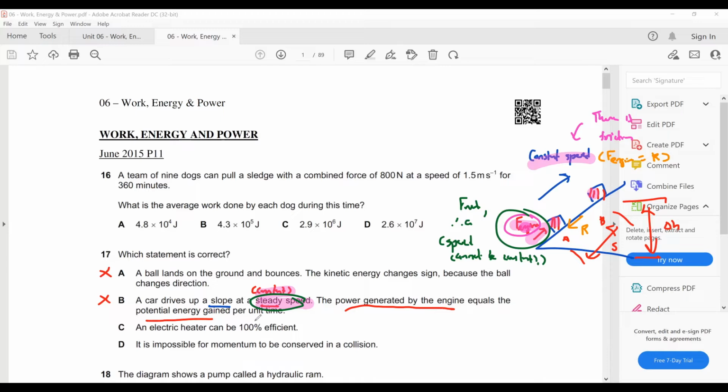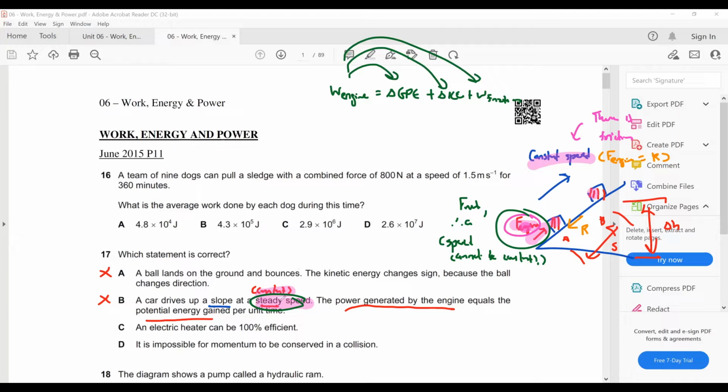If we want to talk about the energy changes that occur, this is where the examples that we went through just now will come into play. The work done by the engine will be equal to the gain in GPE. In general, I can say this: change in KE plus work done against friction. The work done by the engine could be used to increase the GPE, increase the KE, as well as work done against friction.